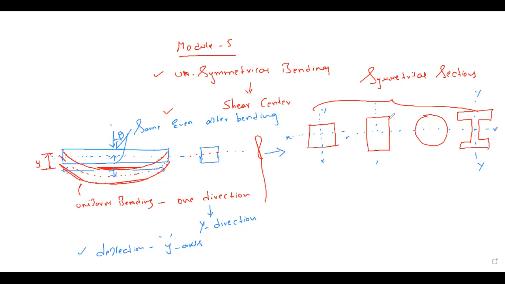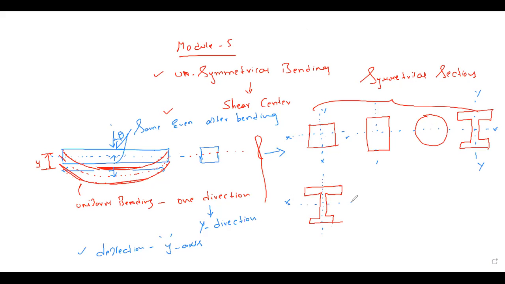Symmetrical bending happens for sections which are symmetrical in nature. And what are unsymmetrical sections? Let us take an I section, which is like this. Is this symmetrical or unsymmetrical? Unsymmetrical. In which axis is this I section unsymmetrical?